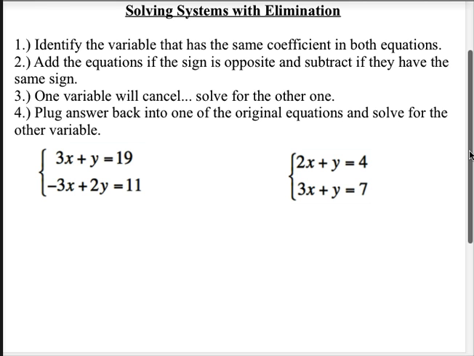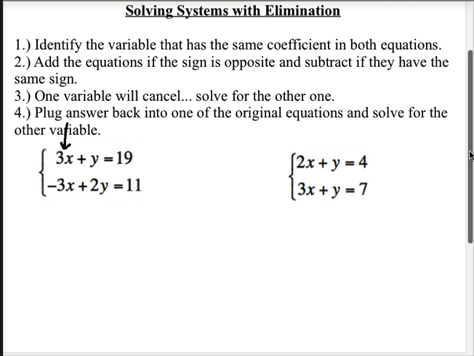Solving by elimination asks you to identify a variable that has the same coefficient in both equations. So for this first one, that would be the x. Now again, the sign doesn't matter, plus or minus, but you want to identify the 3 with the x, because there's a 3x and a negative 3x.